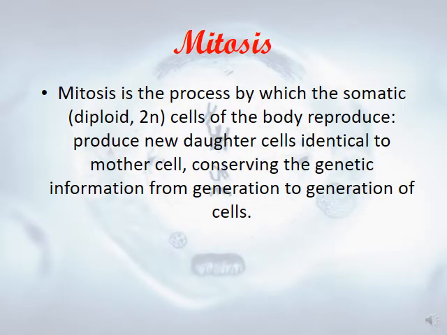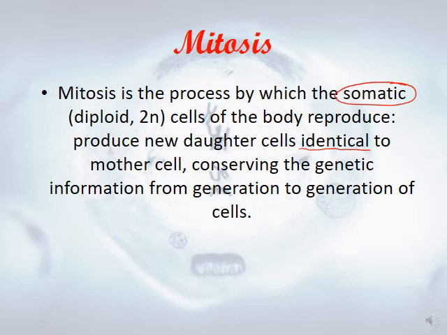So what is mitosis? Mitosis is the process by which the somatic cells, the diploid cells of the body, reproduce. They produce new daughter cells. These daughter cells are identical. They are very similar to the mother cell, and they conserve the genetic information from one generation to another generation.